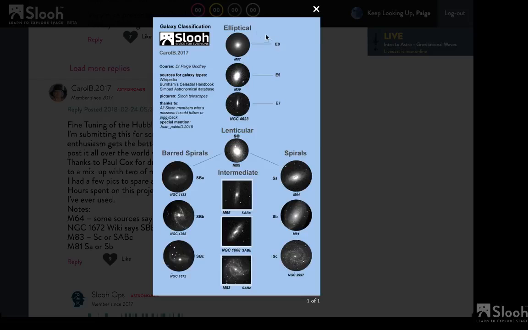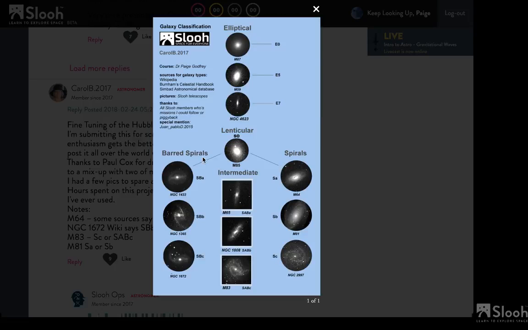So we start off here with our elliptical galaxies in E0, and that means it's a mostly spherical elliptical galaxy. And then it progresses through to an E7, which is a very elongated elliptical galaxy. We then move into our spirals, and we have our normal spirals, such as Andromeda, and the spiral arms start to spread out as you progress through SA, SB, or SC.